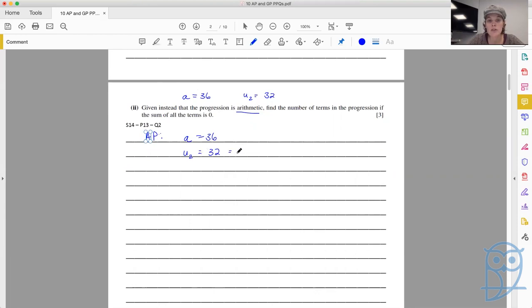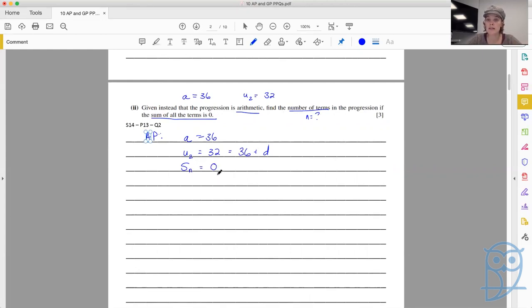And we also know that this equals A plus n minus 1 D. So A is 36 plus n minus 1, which is 2 minus 1, is 1, and 1 times D, we don't know D. But there we go: 32 equals 36 plus D. We can calculate D. Do we need to find the number of terms? N equals, we don't know. In the progression, if the sum of all the terms is 0, so we also know that Sn equals 0.